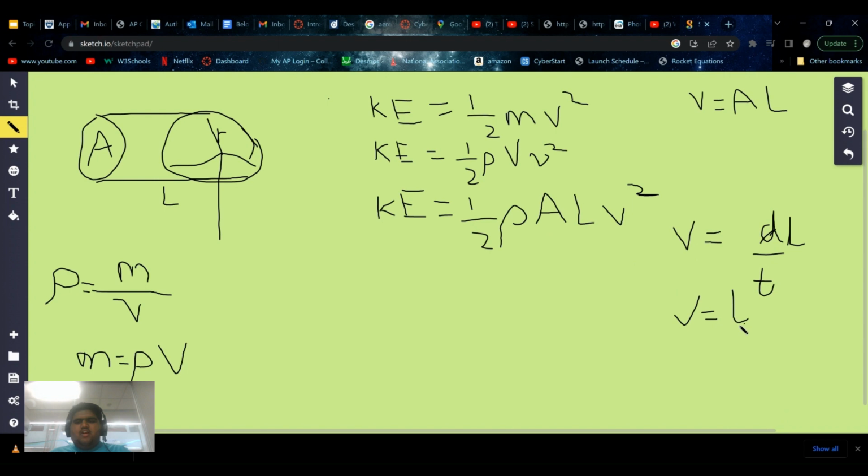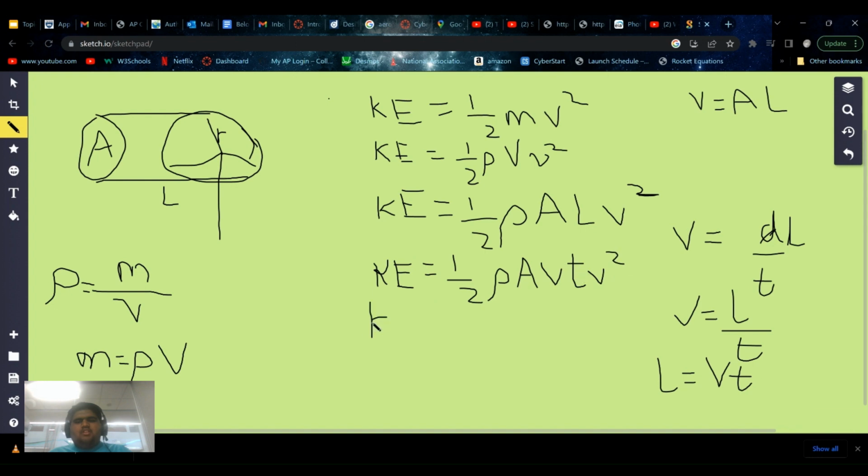Now recall that velocity is distance by time, and this distance is really just L. So we can write velocity as L by time because we're going to analyze how much time it takes for a wind with the speed of V to go through this. So now we have L equals V times T. So KE equals 1/2 rho A V T V squared.